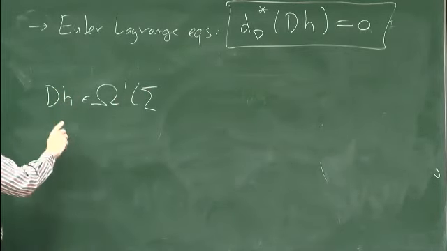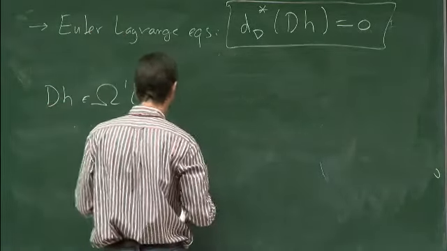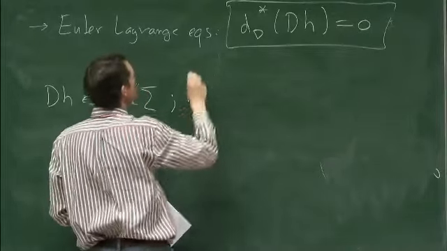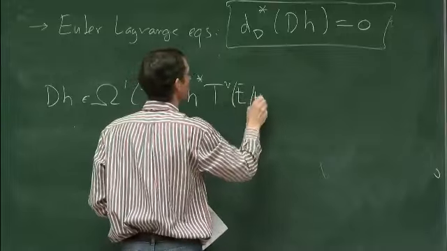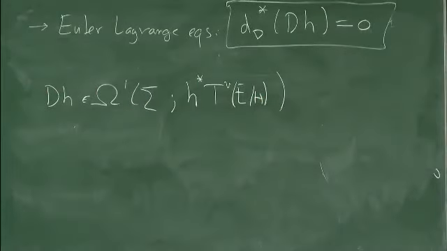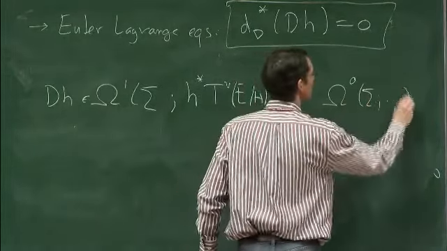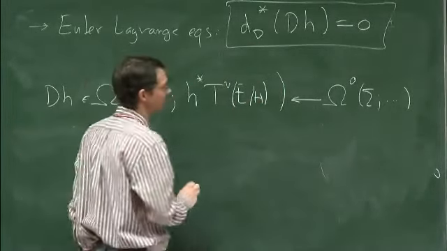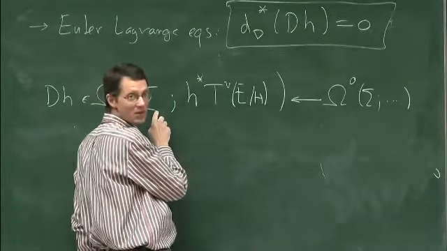So let's notice there's this dh here, so it just takes values in this vertical piece. In fact, it's a one form, and what it does is it takes values in the pullback by h itself of the vertical tangent bundle to G over H. That's where it takes values. So we could also look at omega 0, sigma of the whole same thing, and the fact is that we can define a connection on this bundle over sigma out of the data we have.